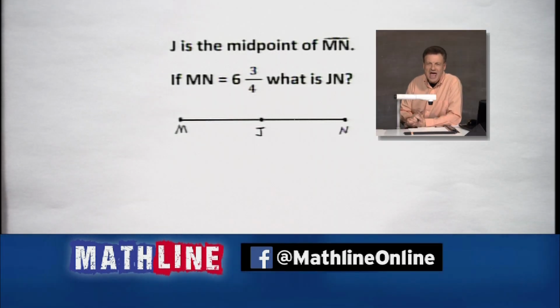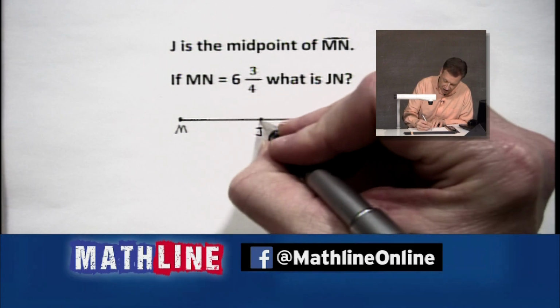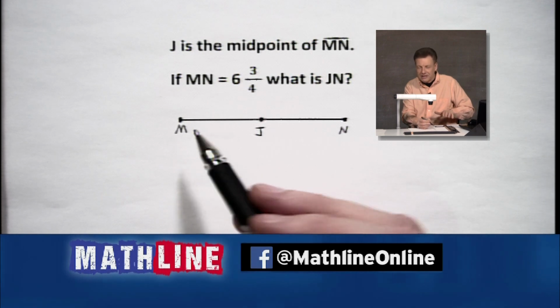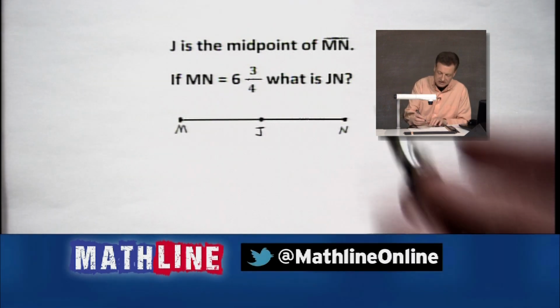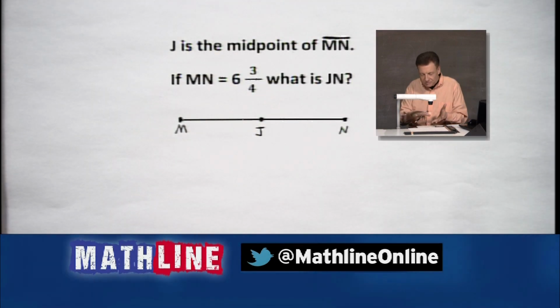Let's see what our next problem is going to deal for us here. It says J is the midpoint again. That sounds familiar, but that gets you in the routine. Now I'm going to tell you something. A lot of times you're going to see M popping up as midpoints, but read what they tell you. Here we're saying that we've got J being the midpoint. So just draw your picture.